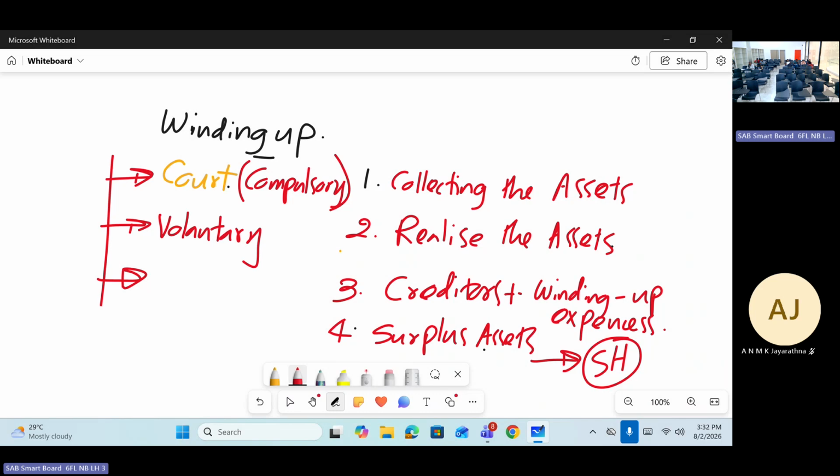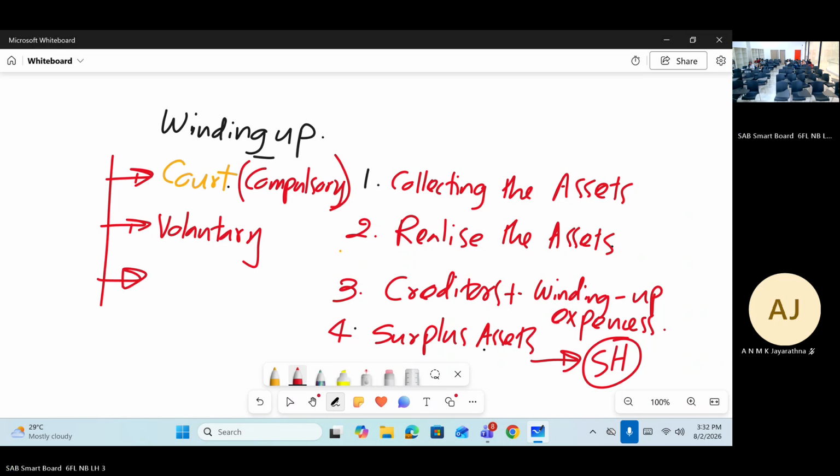Now, suppose the shareholders are going to liquidate the company with their consent. So here, shareholders must pass a resolution at a general meeting. This type of resolution has to be passed in order to liquidate the company.